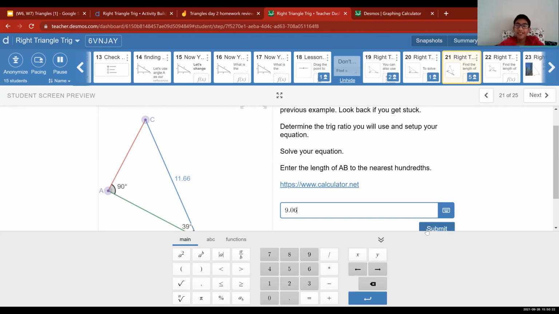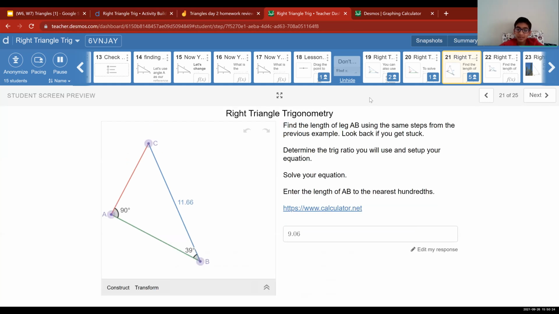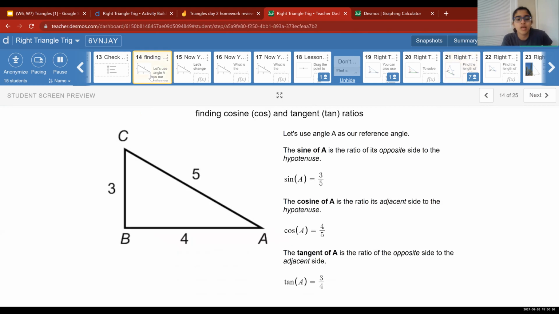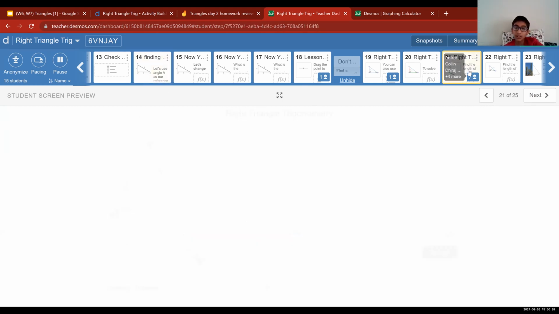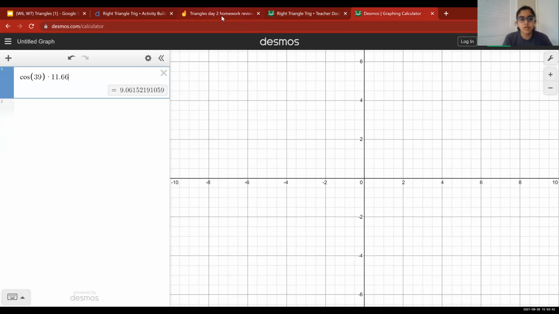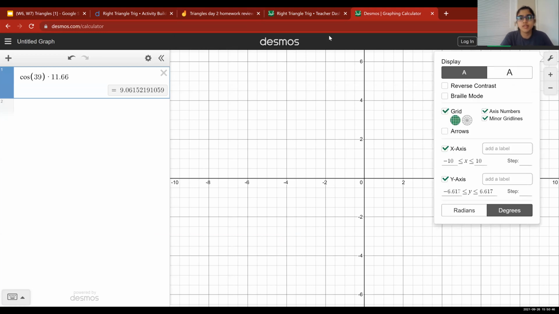I understand what I did wrong. Okay, remember that the calculator here is not in degrees, it's in radians, so you will get the wrong answer if you just immediately plug it in right here. How do we go to degrees on the graphing calculator? You could go to desmos.com/calculator and then do degrees.